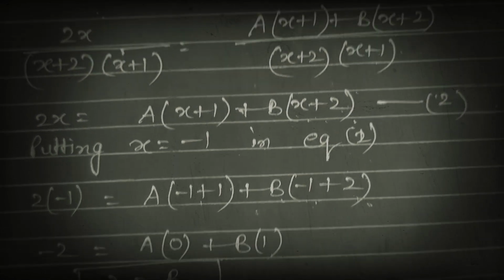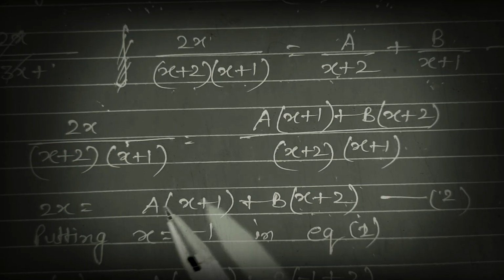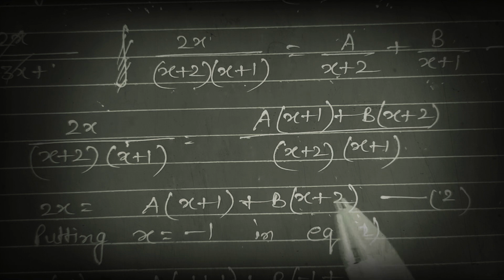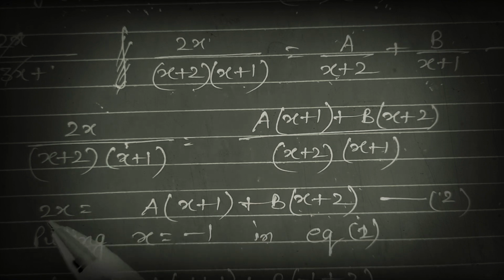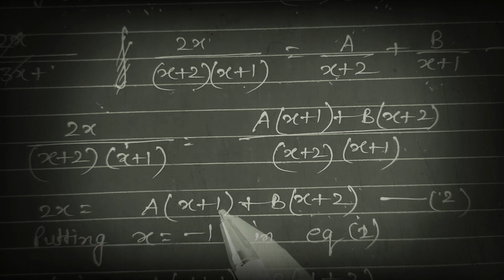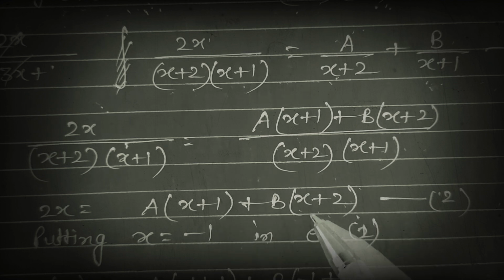Now I want to find out value of a by putting x is equal to minus 2 on both sides. If we will put x is equal to minus 2 here, it will be 0. Then we will get a value. So 2 into minus 2, a into minus 2 plus 1 plus b into minus 2 plus 2.